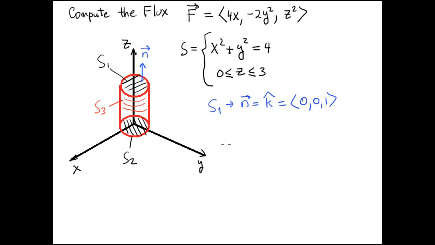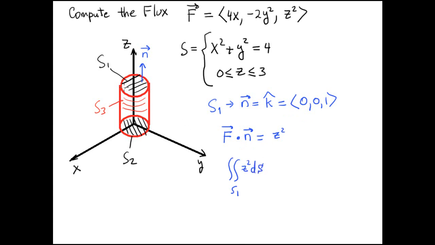So when you perform the dot product between the vector field and the unit normal vector, it's obvious that the answer is just z squared, because 0 times this is 0, 0 times this is 0, and 1 times this is z squared. So you are doing the surface integral on the surface s1 of the function z squared ds.